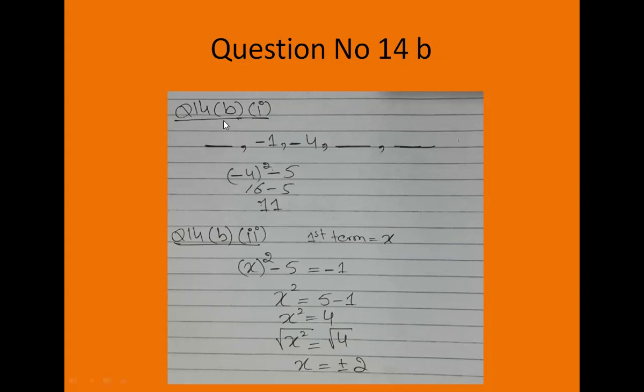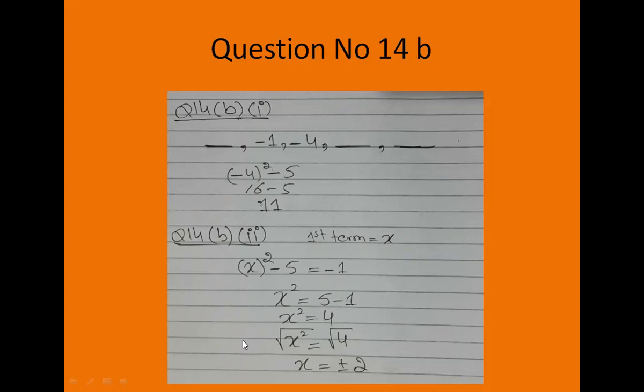Now the first term, suppose that the first term is x. So x squared minus 5 is equal to the second term, that's -1. So x squared will be equal to 5 minus 1. The 5 will become positive on the other side. So x squared will be 4. And I will take the square root on both sides.